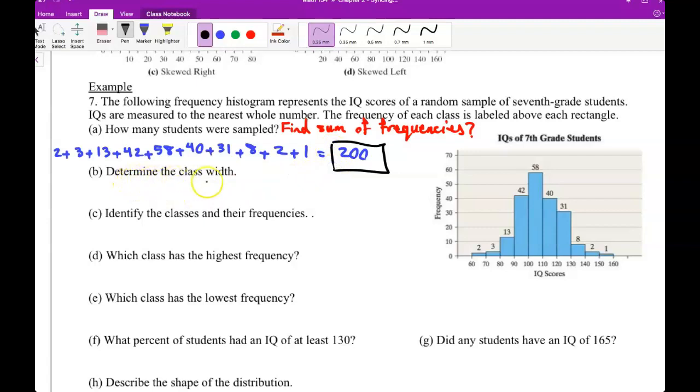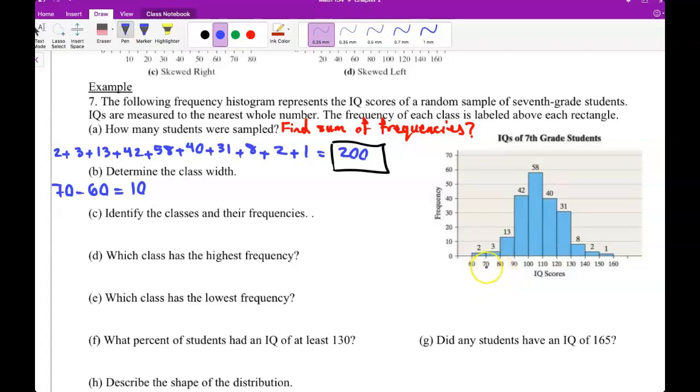Part B, determine the class width. Remember that this one is the lower limit. So these are the lower limits: 60, 70, 80. So our class width is 10. 70 minus 60 is 10. So choose consecutive classes.